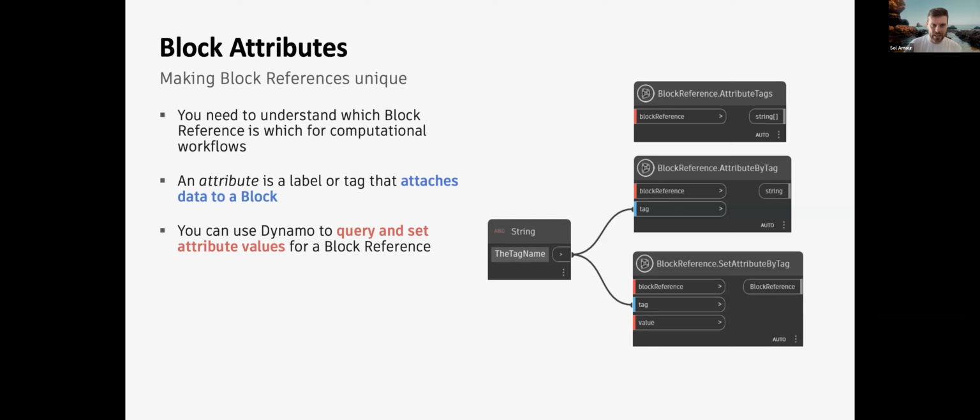So an attribute really is like a label or a tag. It's essentially a little piece of information that attaches data to a block, and you can query those blocks by that attribute or by that data to do things, again, like filtering or using in downstream operations. You can also use Dynamo to programmatically query or set attribute values to block references. So this is one of the powers of computational design, is by sequentially pulling in data and attributing that data to objects.